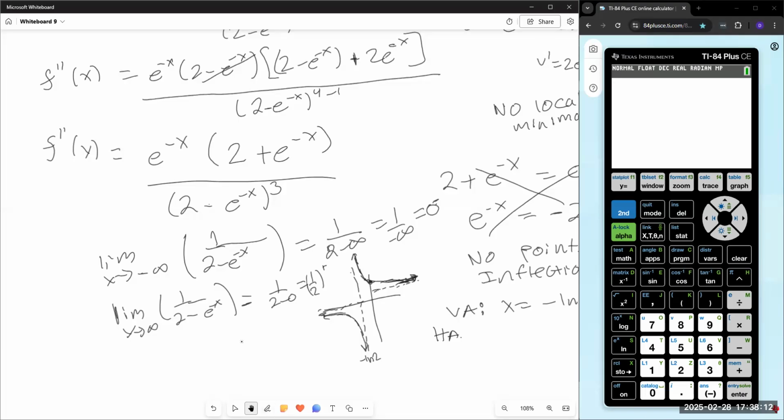This is always concave up. And I could use my second derivative test to prove that the asymptote is the only thing that's forcing those changes in direction. So there's my sketch, and I've gone ahead and put it in my y equals here. And there's the graph for you. It certainly does look like that.